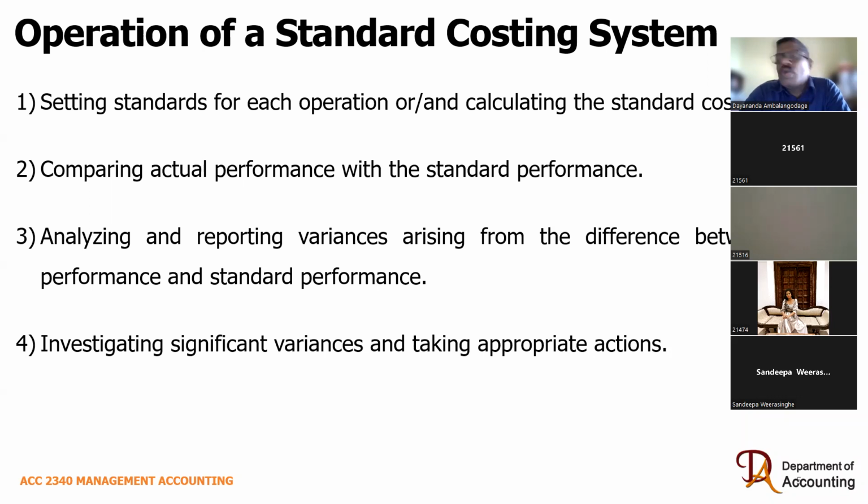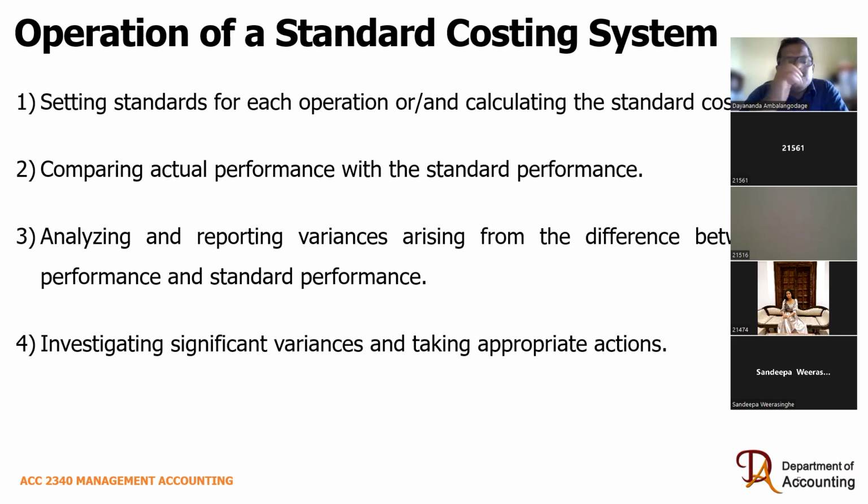Say you produce 2000, then if you know the 1 unit cost, of course you can convert this 2000 unit production cost incurred to the standard cost of 2000. So analyzing and reporting variances arising. So you may have variance, so you can analyze it further and further into sub-segments.